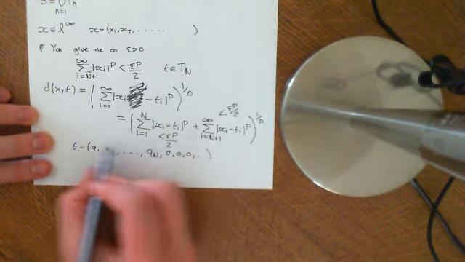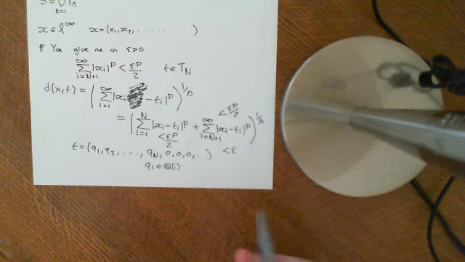So that implies that this distance is overall going to be less than epsilon. I've done what you asked me to do. I've found you a sequence such that the distance between any arbitrary point in the L^p space and it is small.